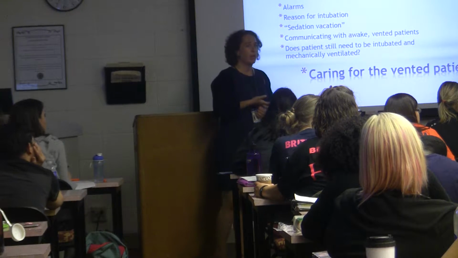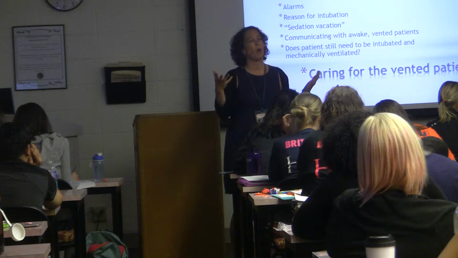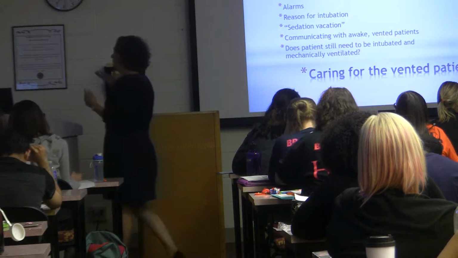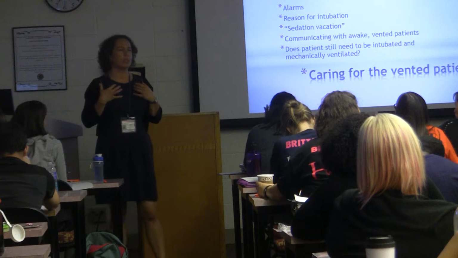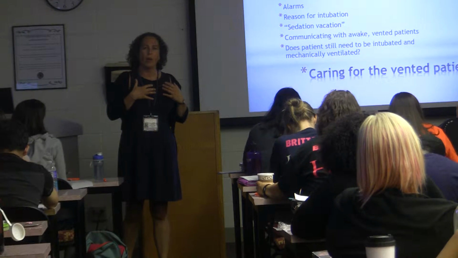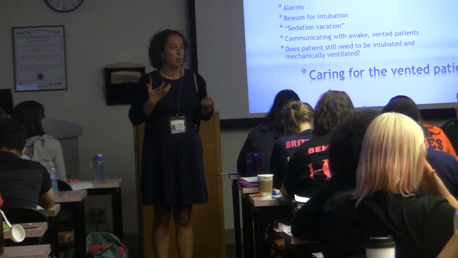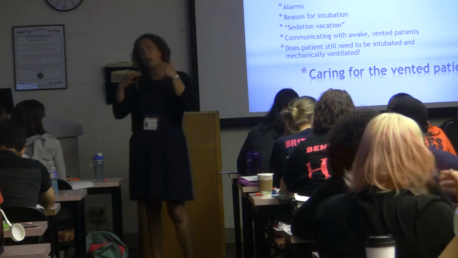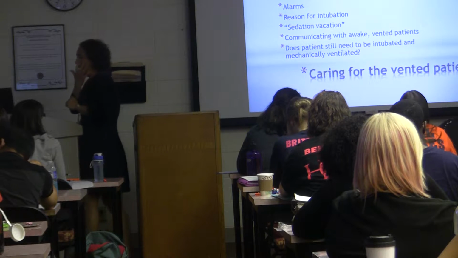You're checking for bilateral breath sounds, even if the tube placement has been confirmed; that should be part of your assessment anyway. If yesterday you heard them both clearly, and today one seems diminished or muffled, what could possibly have happened? The tube can get dislodged, or go down one side. So you want to keep an eye on that.